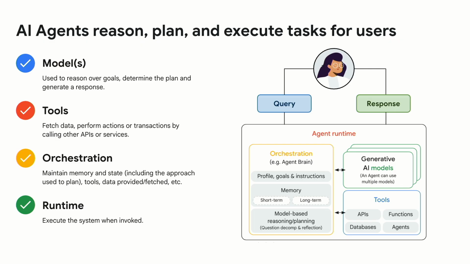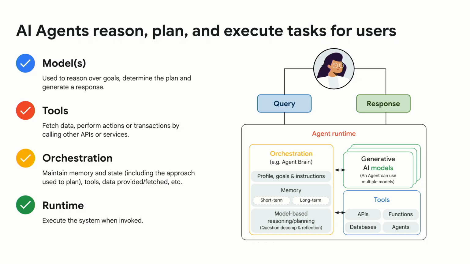The most critical components are models, which are the brain of the AI agent; tools, which are used for performing actions or acquiring data; orchestration to plan and execute complex, multi-step plans; and runtime to serve and manage the AI agents.